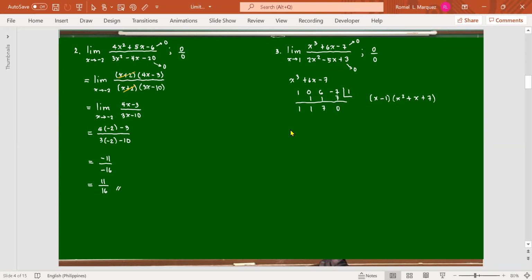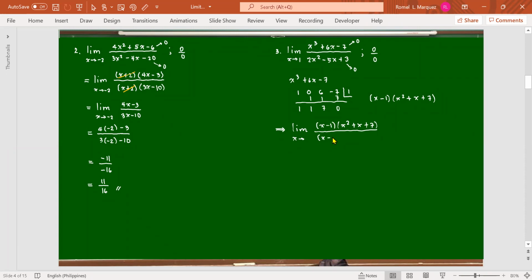So we can now proceed. So this means that the limit is the same as the limit of x minus 1, x squared plus x plus 7, all over, what is the factored form of the denominator?